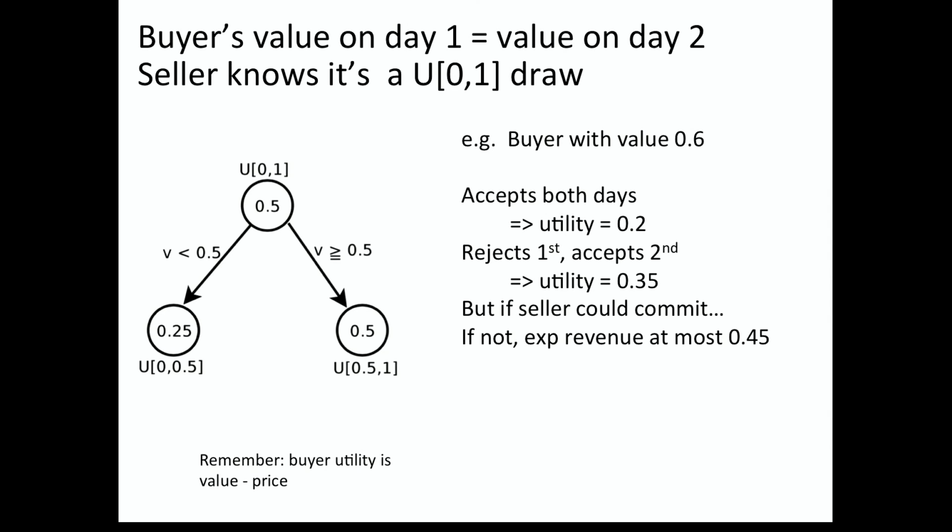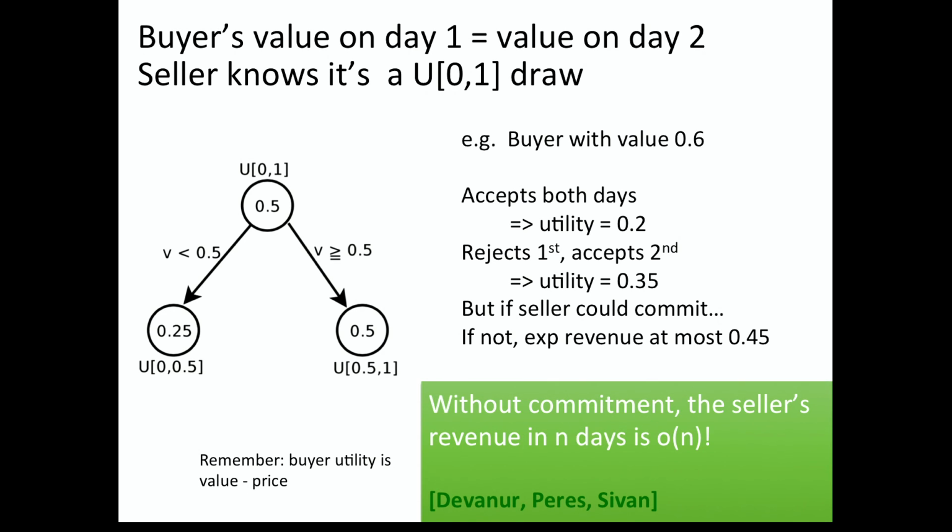So not only can he not do any better, he will actually do worse if he can't commit to future prices. And just more generally, if they meet n days in a row, then without the seller's ability to commit to future prices, the most revenue he can get from a strategic buyer, okay, again, it's a strategic buyer, is little o of n, okay?